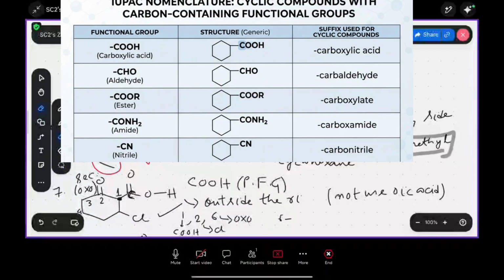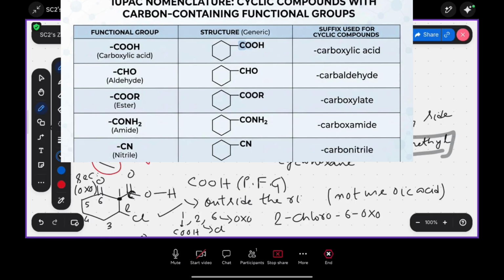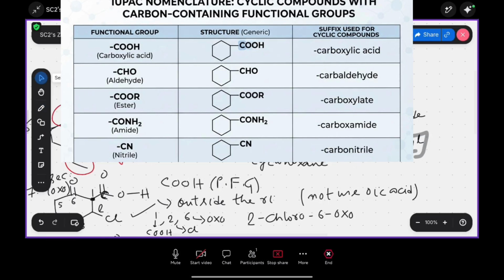It is this one first. It is this one. It's 1, 2, 3, 4, 5, 6. So this becomes 2 chloro, 6 oxo, cyclohexane.